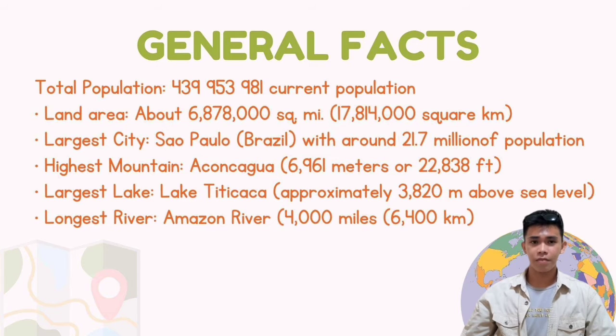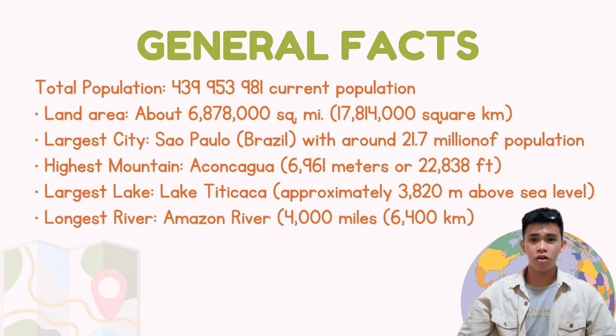The largest lake. Lake Titicaca lies approximately 3,820 meters above sea level and is the highest commercially navigable lake in the world. The lake is 284 meters deep, and its deepest point is located in the northeastern section of the lake. The longest river.